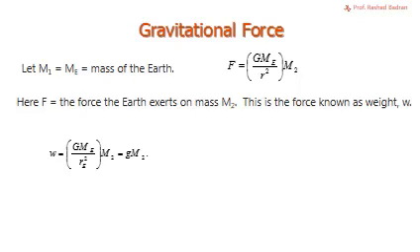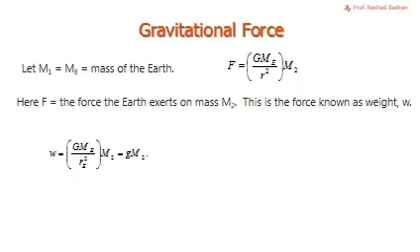If you are near the surface of the Earth, you substitute for r the radius of the Earth, if the object is on the surface of the Earth, obviously. Then you have G, big G, m sub e, the mass of the Earth, divided by the radius of the Earth squared.